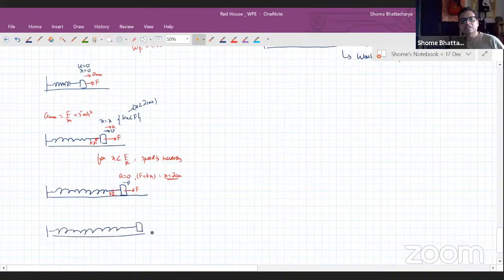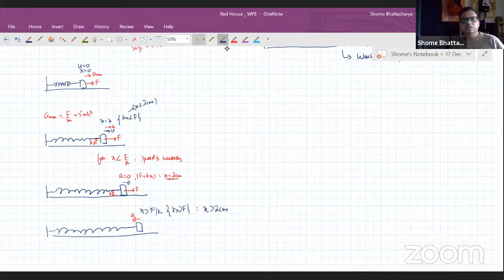So therefore, even though the acceleration has become 0, it has to continue straight beyond that. So now it's reached a stage where what is happening? x has become greater than F by k. Okay, or basically kx, the spring force, has become greater than F. So when you solve that, that will give you the condition that x is greater than 2 centimeters. So now what is happening? It's decelerating.